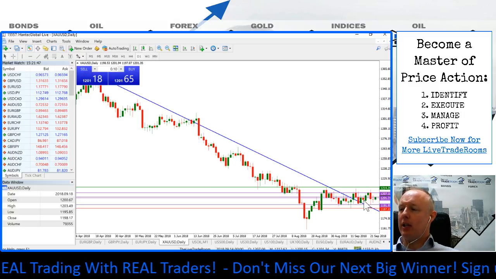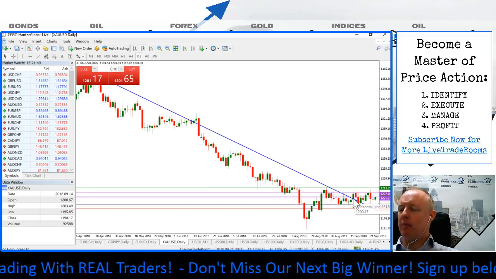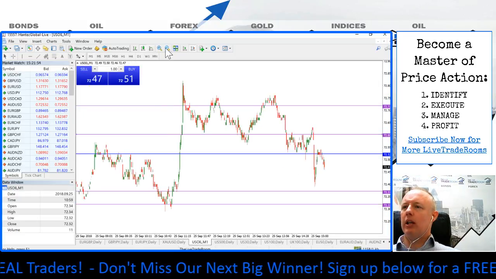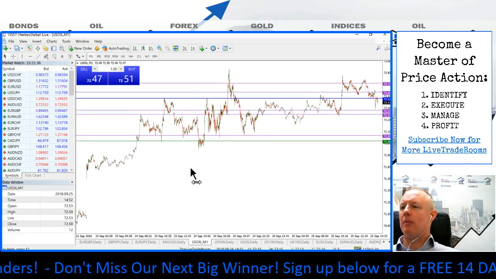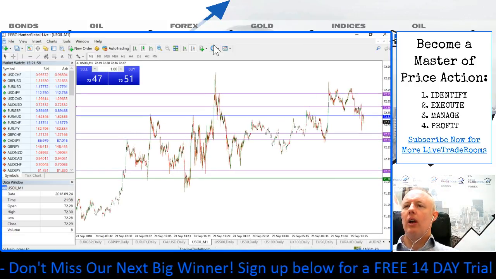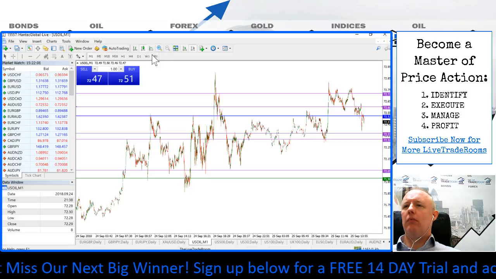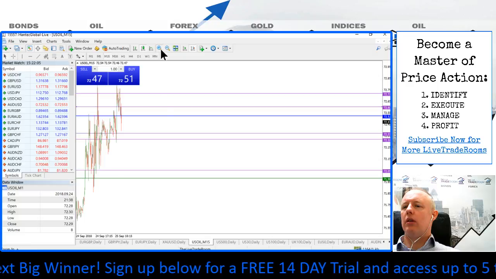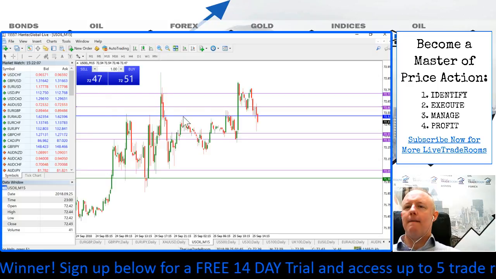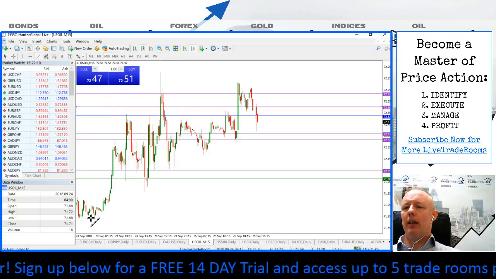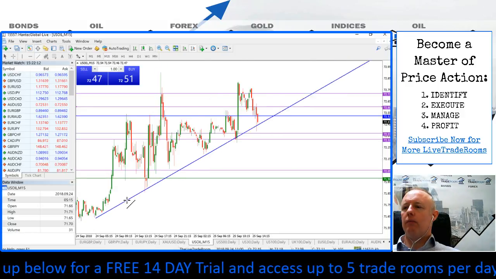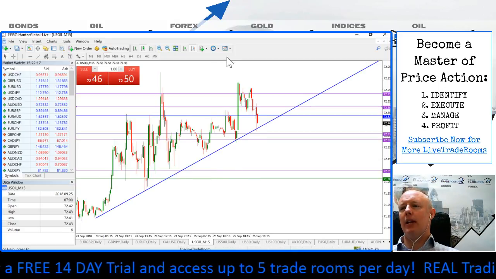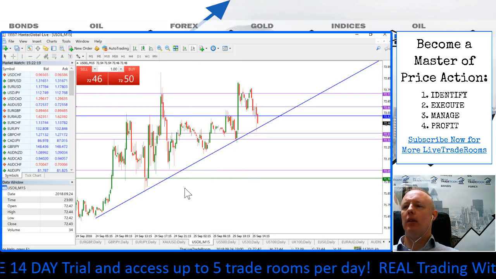Bit of strength coming into the gold market, but as you can see, we're effectively moving sideways, and that's all we need to concern ourselves with at the moment. Let me just convert this. What we can see is this little bit of price action kicking in here, supporting prices to the upside.